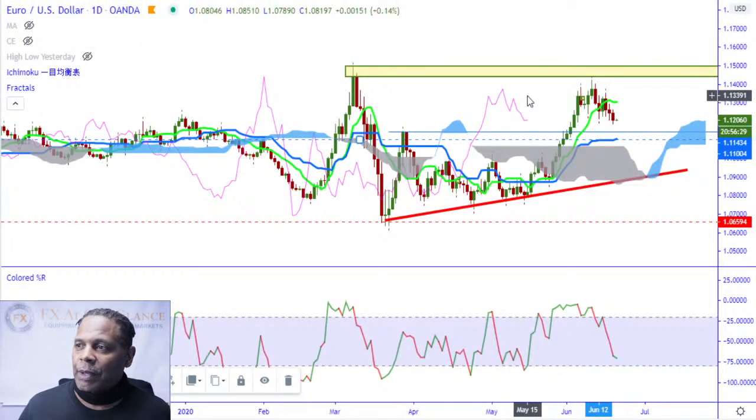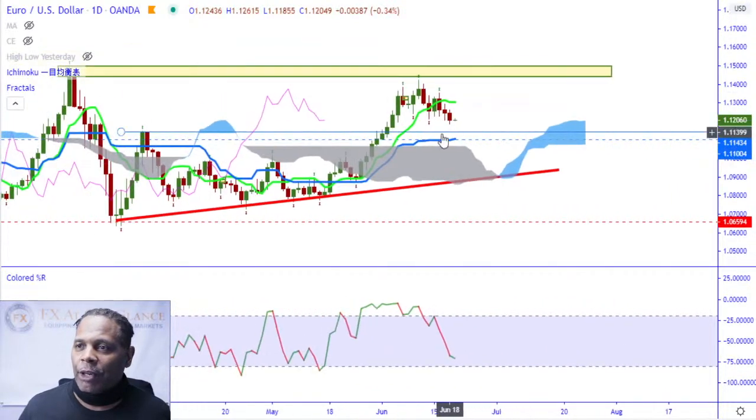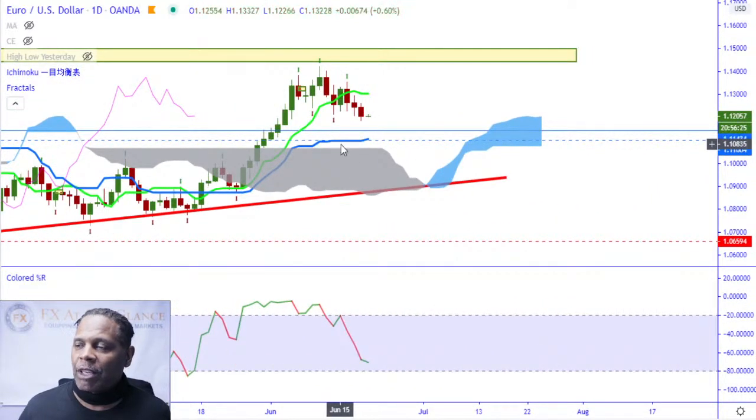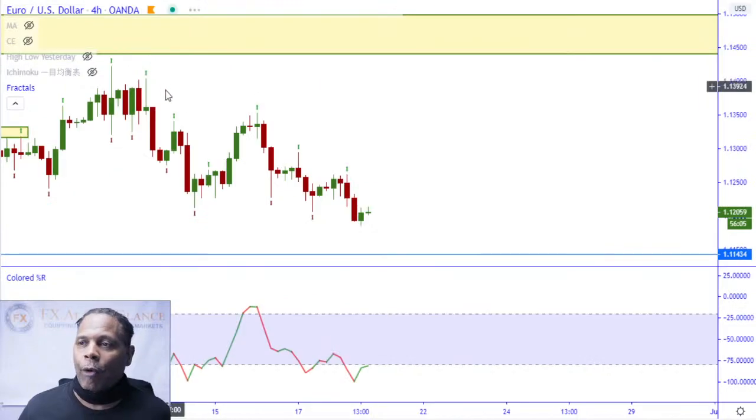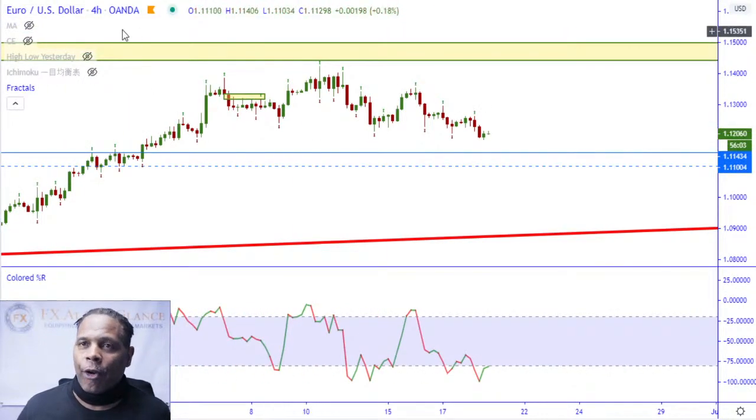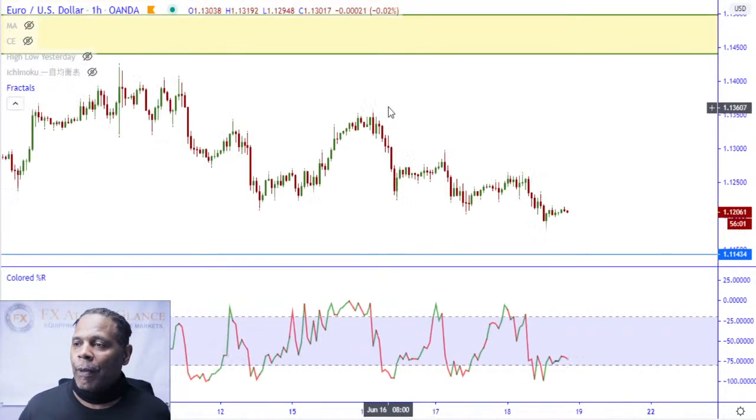What I like to do is I make up my mind what I'm going to do, my bias, where I'm looking for the trade, because daily is saying we're bullish. If I'm bullish on daily, now I'm going to explain about this cloud also in a minute. What I'm going to look for is my trade on this level here. I'm going to remove Ichimoku. And now I'm going to wait here for the market to come to this daily Kijun-sen on the 4 hour time frame or the 1 hour time frame.